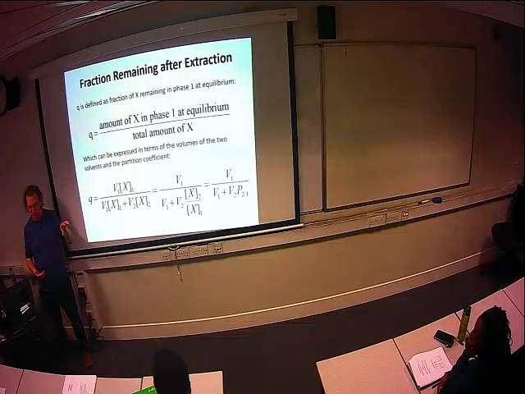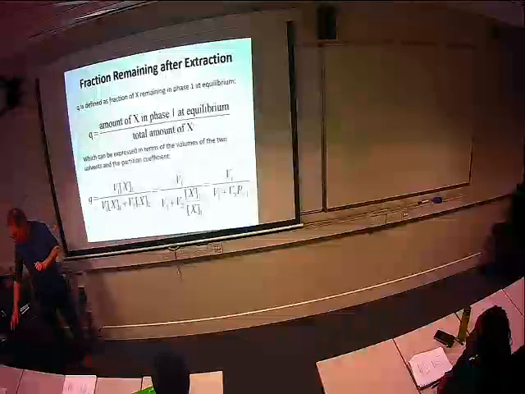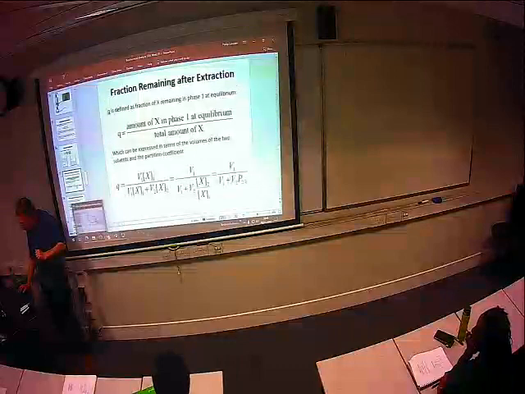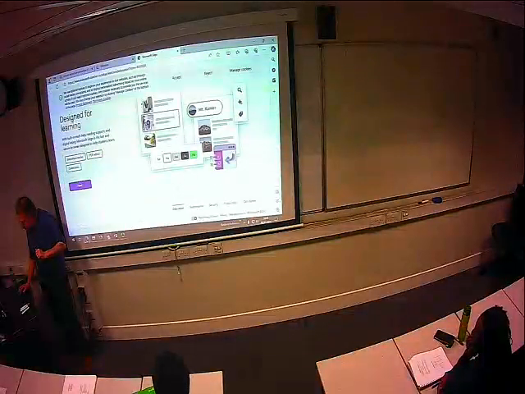But if we want this to be a convenient process, we need to accelerate reaching the equilibrium state. And so what you need to do is, if I can just find this video, where's it gone?